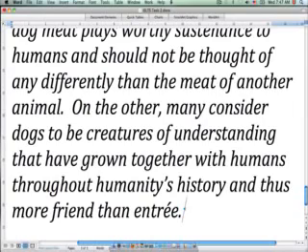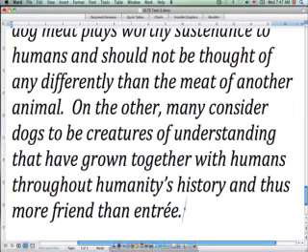On the other hand, many consider dogs to be creatures of understanding that have grown together with humans throughout humanity's history, and thus more friend than entree. Okay, so the two sides of the argument have been presented.